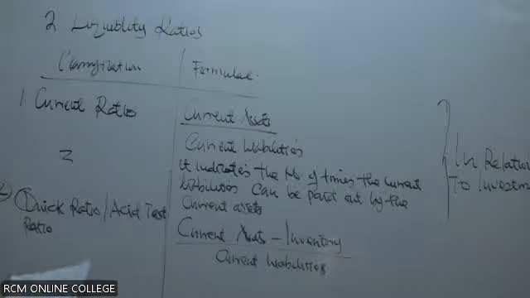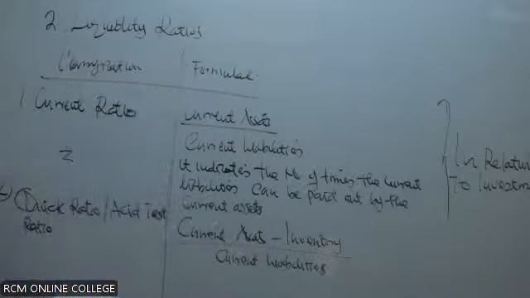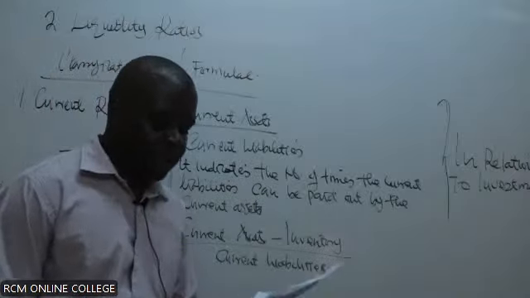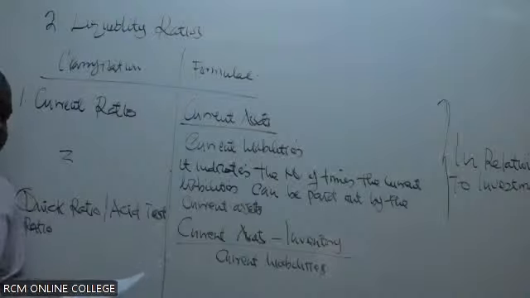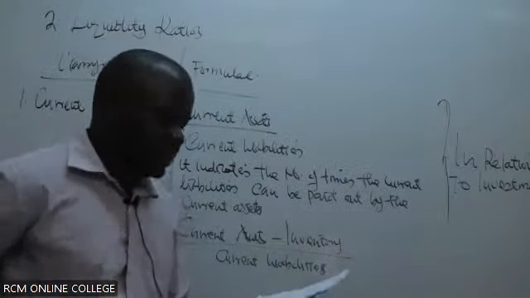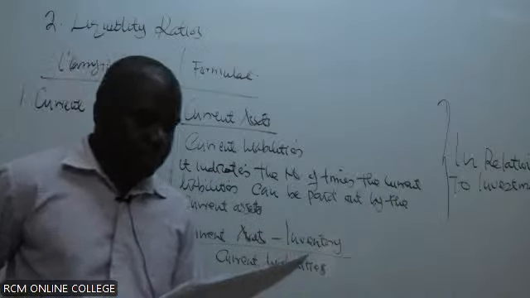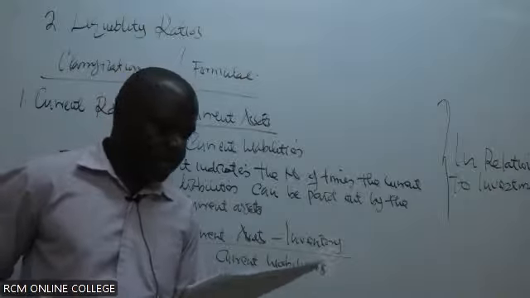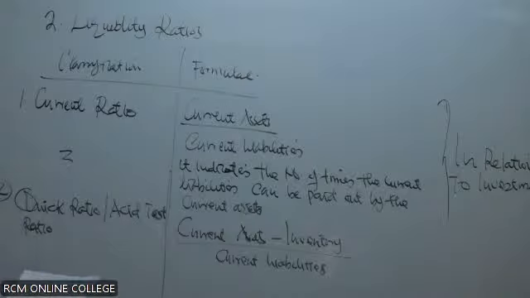In this case, you can write something briefly about it. So what does it indicate? It indicates the ability of the company to meet its current liabilities from its most liquid current assets, which I've already explained.